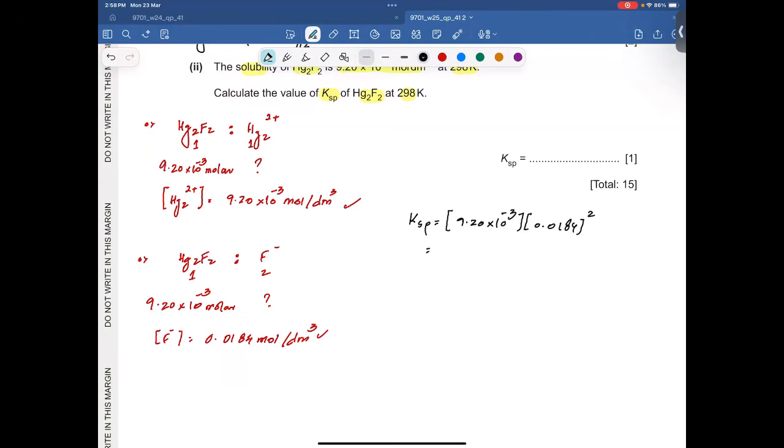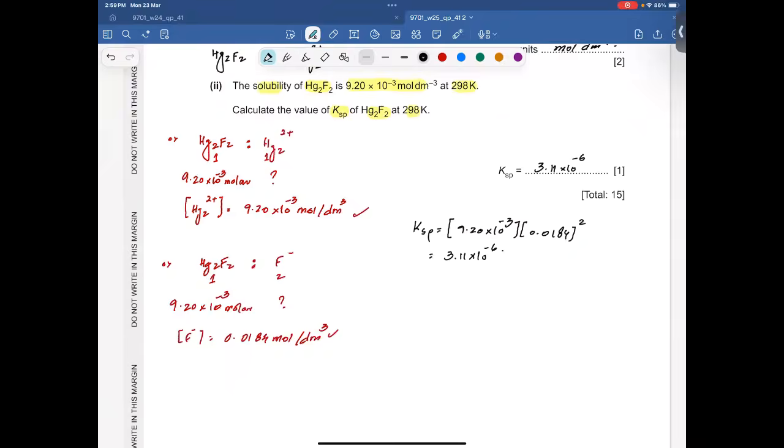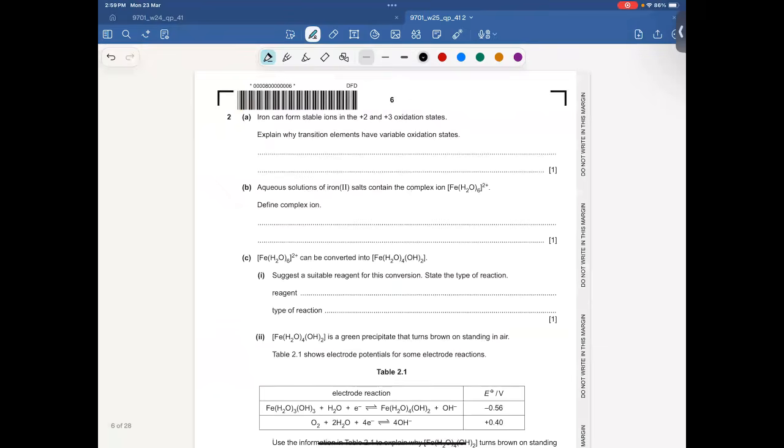So 0.0184 square is going to be multiplied by 9.2 exponent minus 3. So it's going to be 3.11 into 10 to the power minus 6. So the value of Ksp is 3.11 into 10 to the power minus 6. And that's the end of first question. I hope it makes sense to you. Next question.